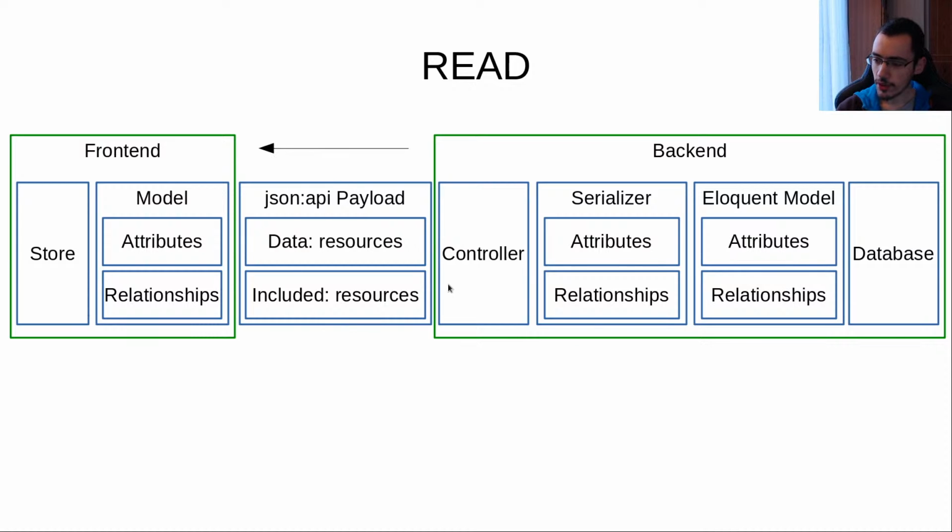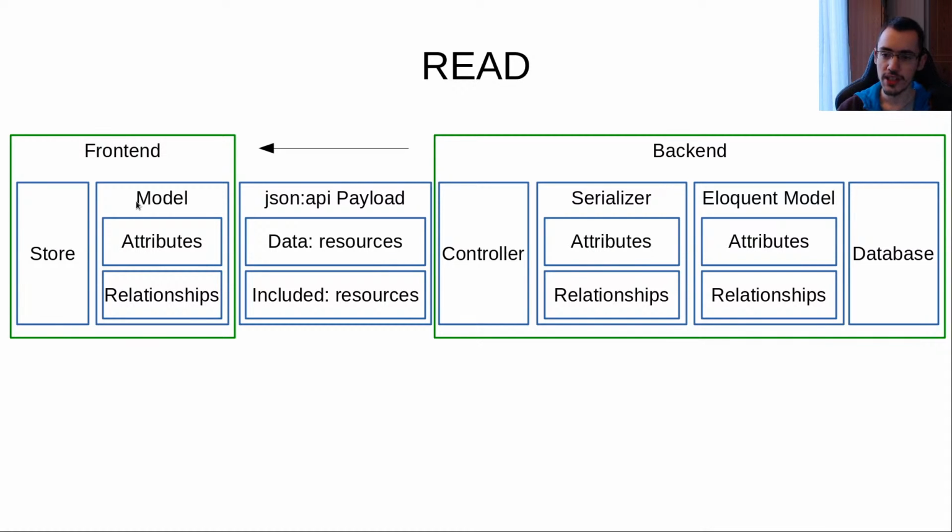basically when we want to return some data, we want it in the JSON API format. So we take it from the database using an eloquent model. The eloquent model is used to feed the serializer. The serializer is used inside of the controller to generate the output. And in the front end, each resource that we have in the JSON API payload has to map to a model, because Flarum will use that information.